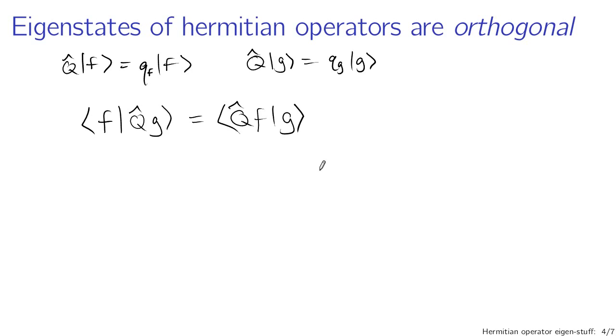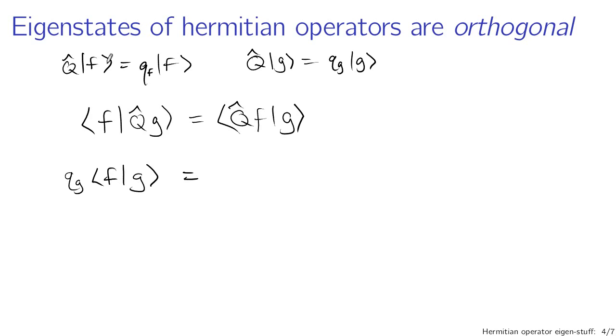This is our definition of a Hermitian operator. And considering our eigenvalue problems here, q acting on g is just going to give me qg times the state g. So this is going to give me qg times the inner product of f and g.